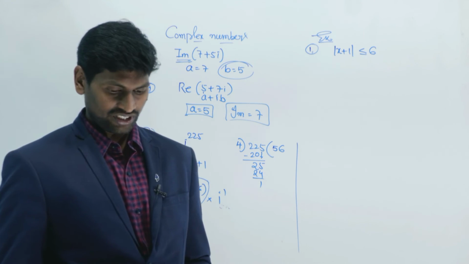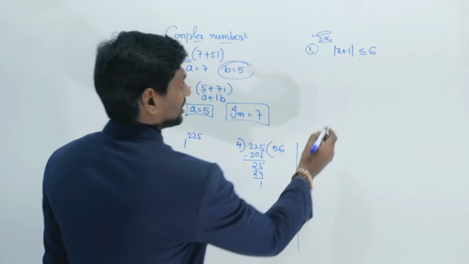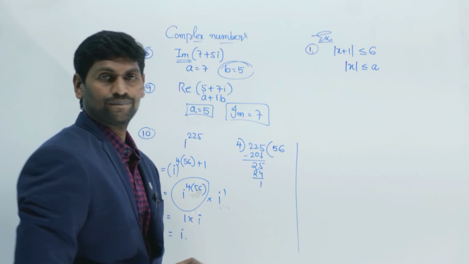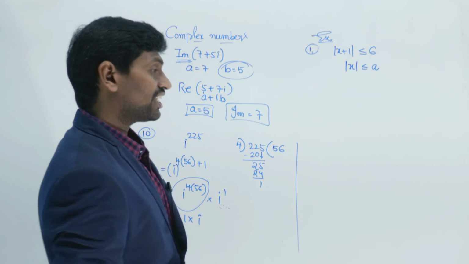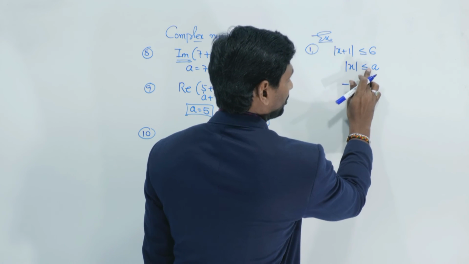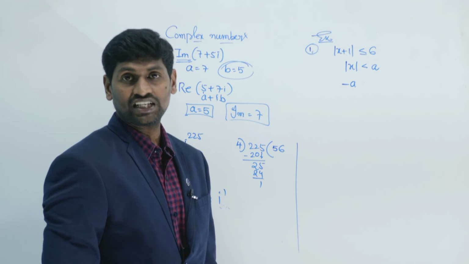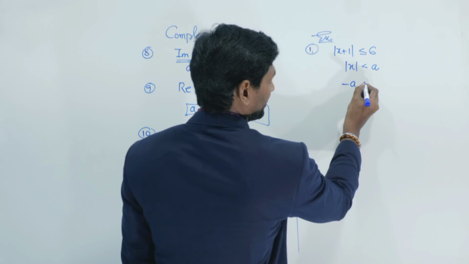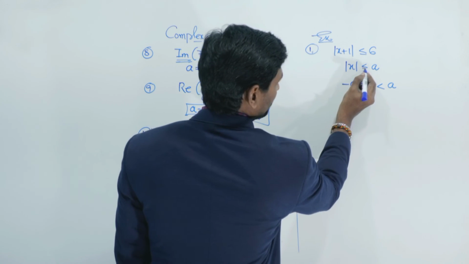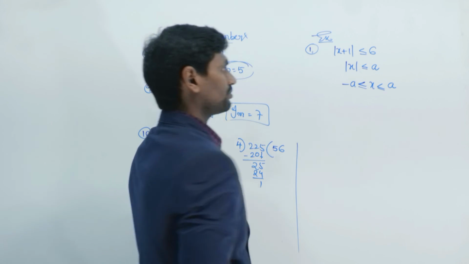It is in the form of modulus of x less than or equal to a. Without the equal to, modulus of x less than a, we know that minus a less than x less than a is the solution. But here equal to is given, so we have to take equal to.